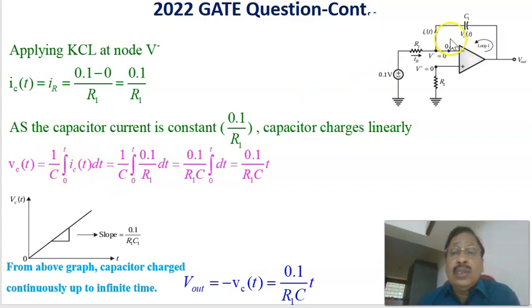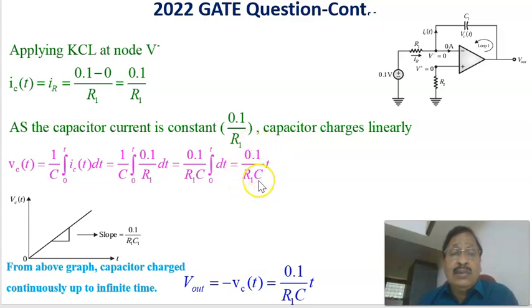The capacitor current is the same as the input resistance current, 0.1 divided by R1, so 1 by C integral from 0 to T of 0.1 divided by R1 dt, or 0.1 divided by R1C integral of dt from 0 to T, which is 0.1 divided by R1C into T.